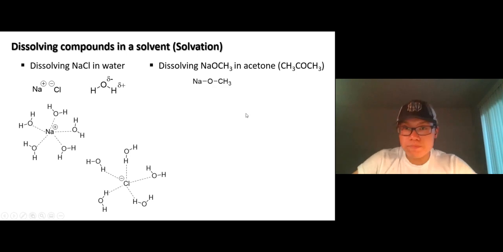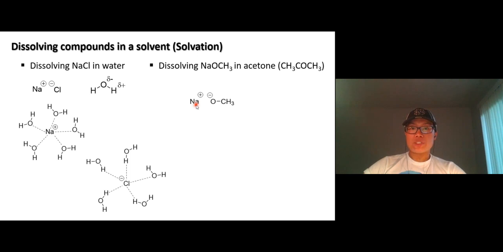Sodium methoxide looks like this. You know this is an ionic bond, so you can treat it as sodium ion and methoxide ion, like that. Now acetone, who's negative, who's positive? You can see the carbon-oxygen bond there. Oxygen is partial negative, carbon is partial positive. So now just put them together.